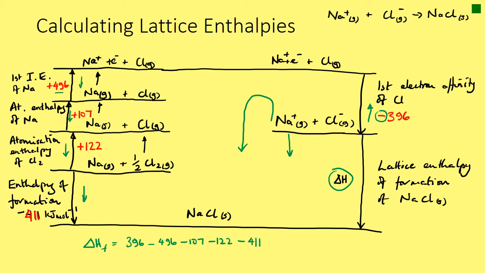And if you make all those additions and subtractions, and before we actually do that, I'm just going to correct a little error that I've made. So the first electron affinity of chlorine here is not minus 396, it's actually minus 349. So I have to correct this one as well. So when we do all that, it comes out at minus 787 kilojoules per mole.